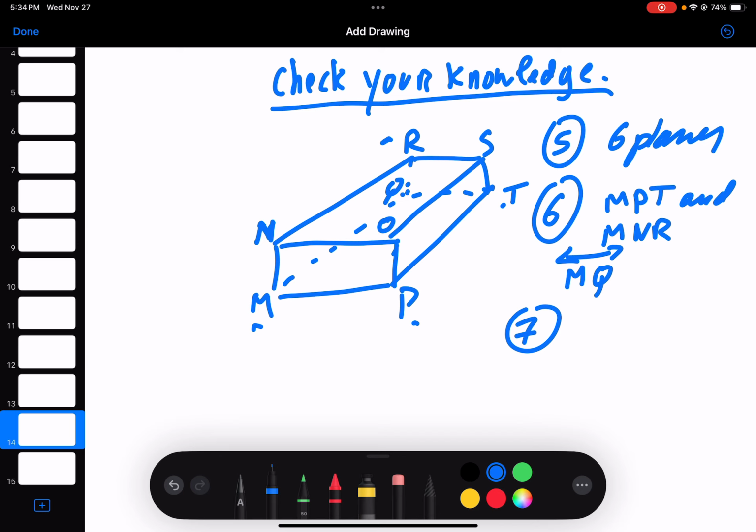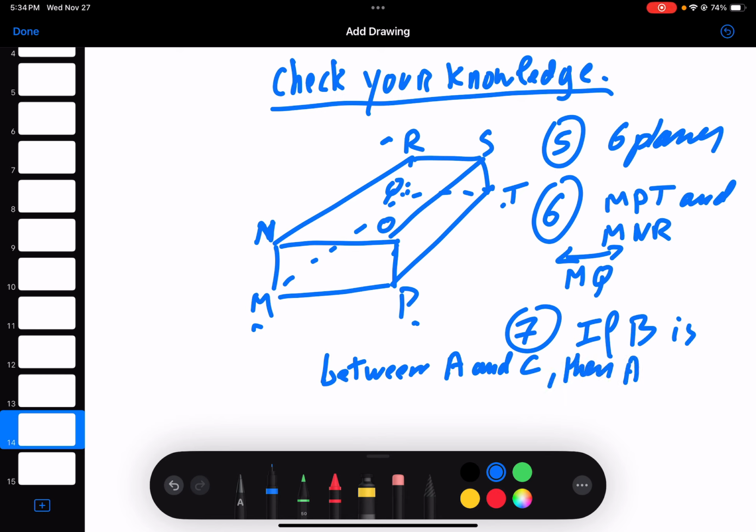As a reminder, the segment addition postulate says if B is between A and C, then AB plus BC equals AC. All right? We have 12 questions, so we're almost there.